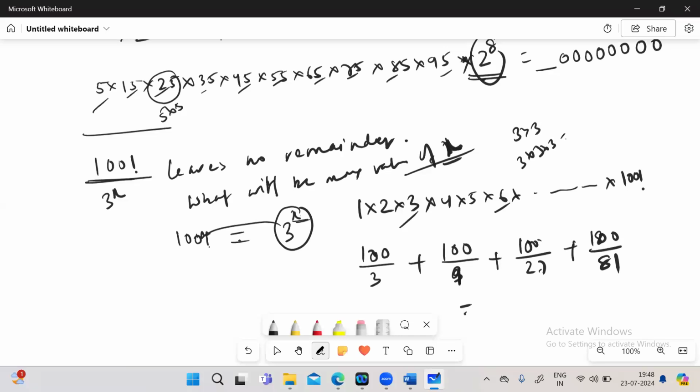So the power of 3 that I am getting is 33, 11, 3, and 1. 44 plus 4, 48. So x will have a maximum value of 48.